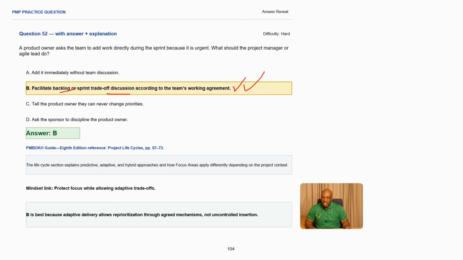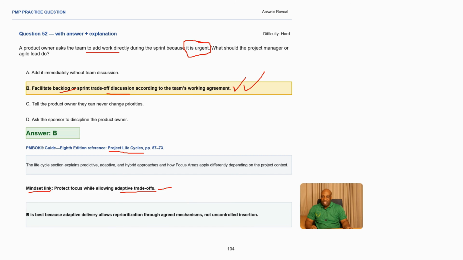And this is referenced in project life cycle in our PM book. And the mindset that is applicable in this particular scenario is to protect focus while we are also allowing adaptive trade-offs. So this product owner is asking something to be added without going through the backlog because they're claiming that it's urgent, so therefore it must be in the sprint.